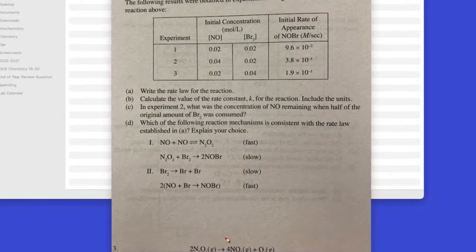On letter A, what's the rate law for the reaction? Rate is equal to K times what? So it's second order in NO. And what order is it in bromine? First? Okay. So guys, is that okay?